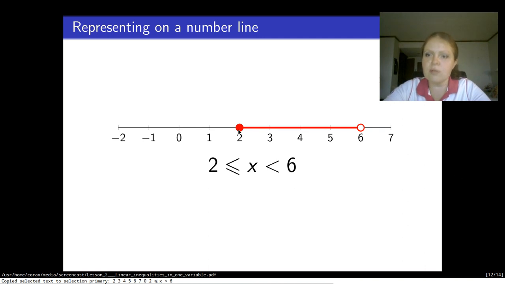Number 2 is also a solution for this part of the inequality. Until 6, x cannot be equal to 7 because 7 is greater than 6, so 7 is not included. So this is the range from 2, included, until 6. These numbers are solutions for this inequality, shaded red.